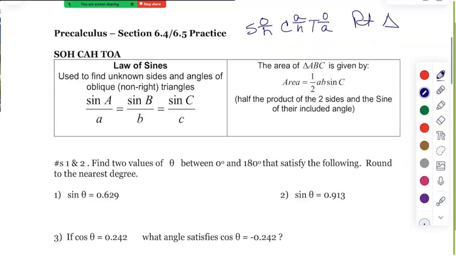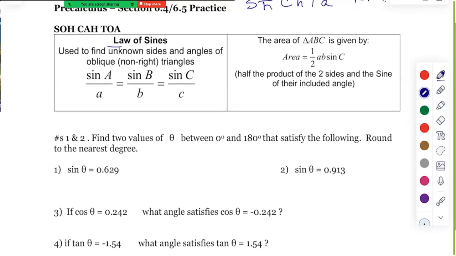Okay, here's your law of sines. Remember, for this test, there's going to be no ambiguous case. So you will have no situations just for this quiz where you could have two solutions, okay? You're going to have one solution only just for this test.